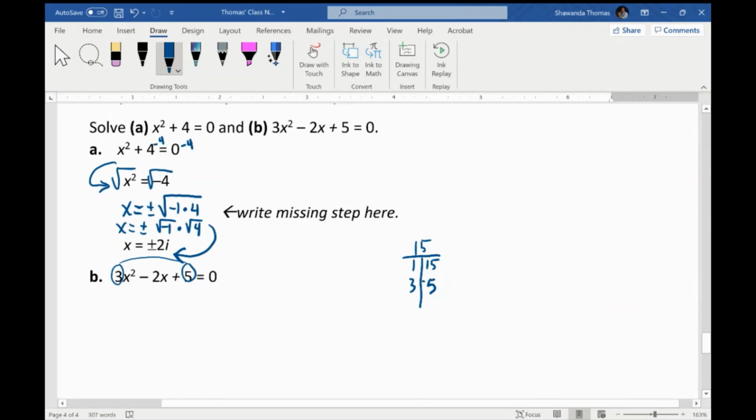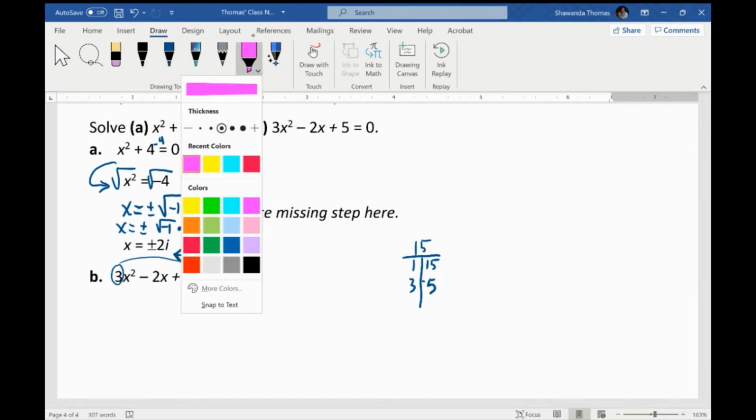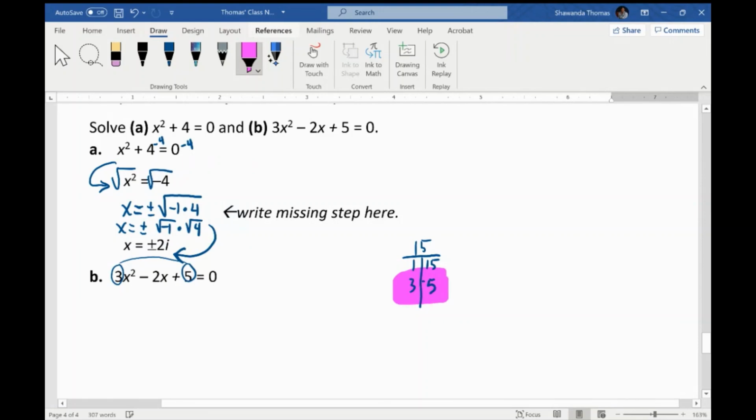Okay, y'all, we're pre-cal, y'all advanced. Why can't we factor this? Why doesn't this work, 3 and -5? They won't add up to get 5. Why are we looking for 5 though? Because our middle number is -2.